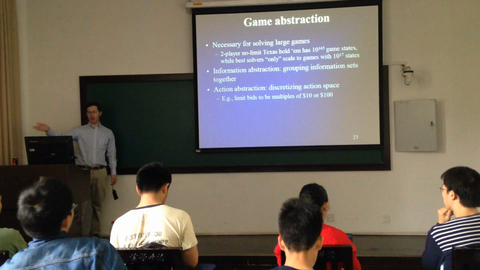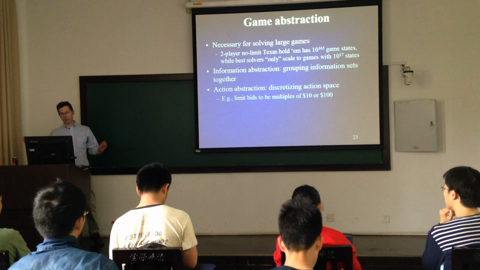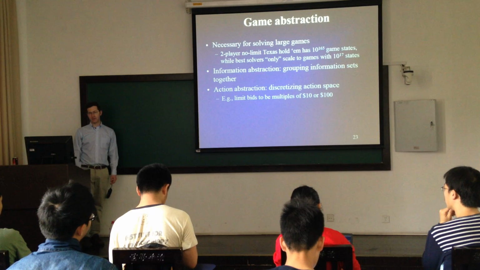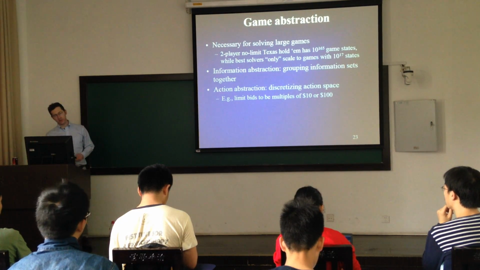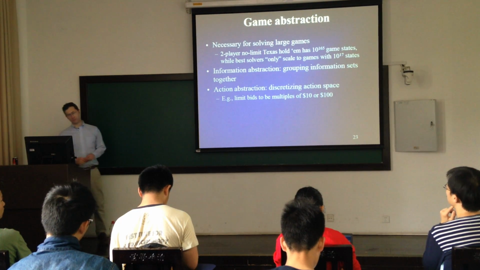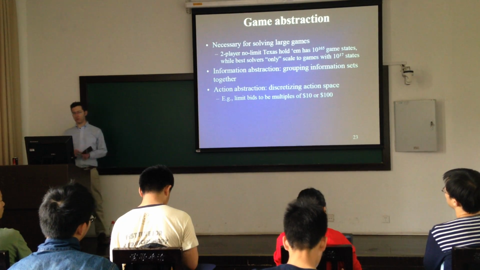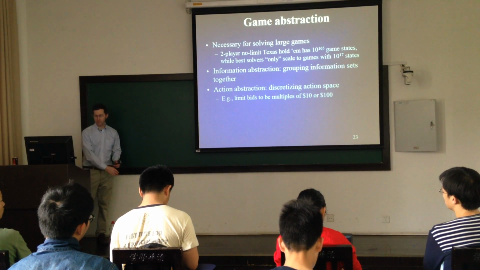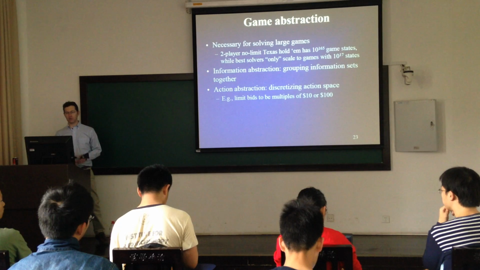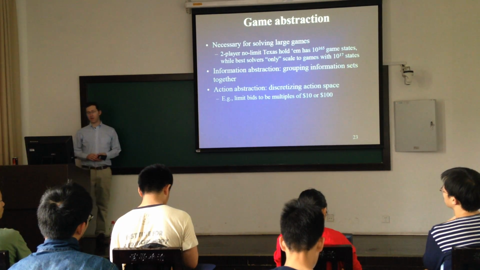For instance, in an auction, you could only allow bids that are a multiple of 100 or 10, or typically in poker, we would restrict players to only being able to bet a few bet sizes: half pot, or the pot, or 2 times the pot, or all in, etc.